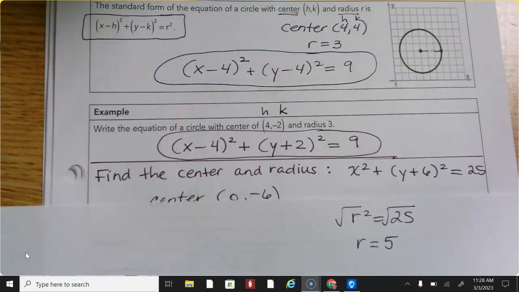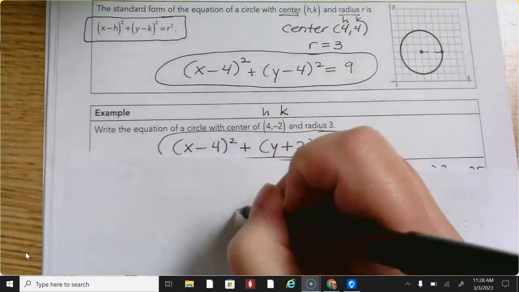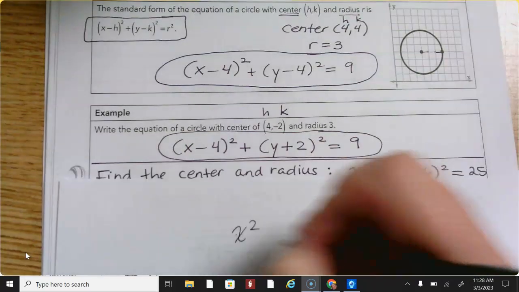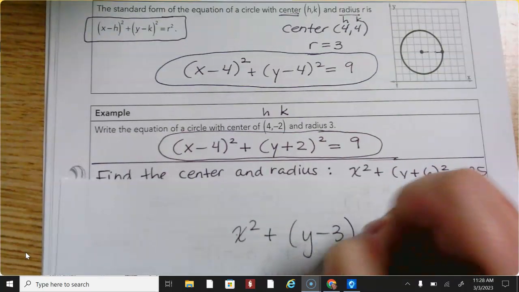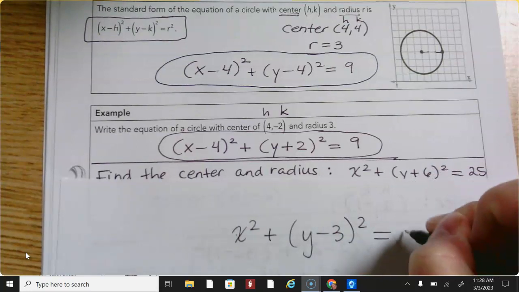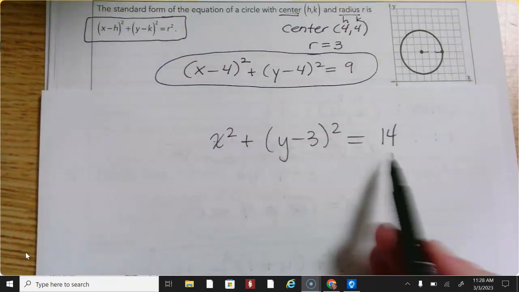That would be particularly helpful if it wasn't a perfect square. Sometimes you'll have equations where you might not know, just looking at it, oh, 25, square root of 25 is 5. Let's say it was 14 instead. If this is what's in the equation, remember whatever's in the equation is always r squared.